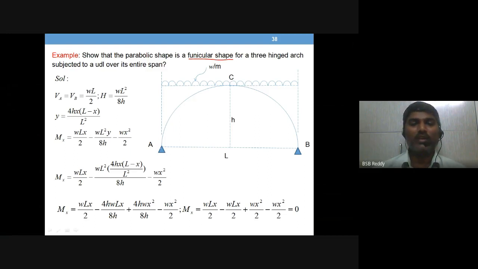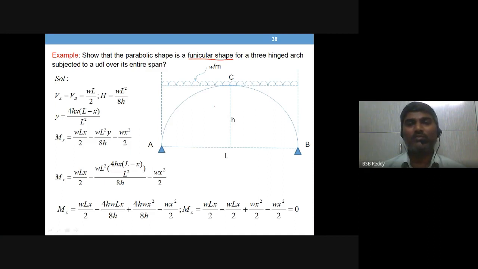You take any point on this arch A, B, C, then calculate bending moment. The bending moment value should be 0. Means what? The arch should have only compression in the arch. So there won't be any bending moment in the arch. That is the theory behind this funicular shape.